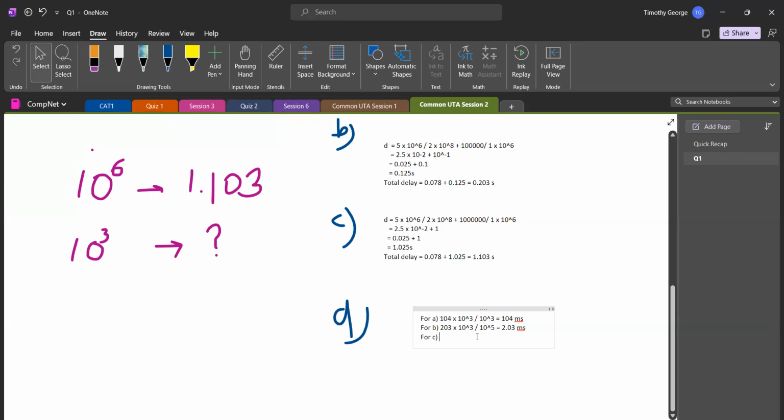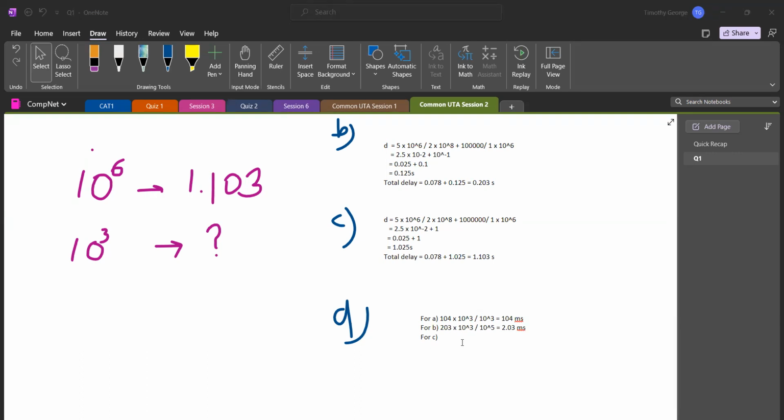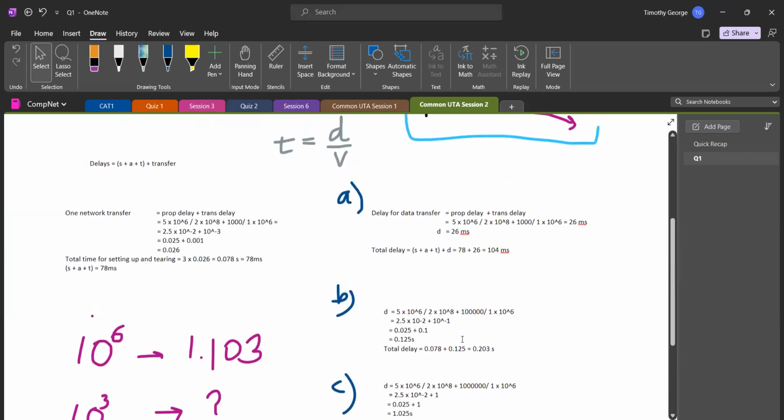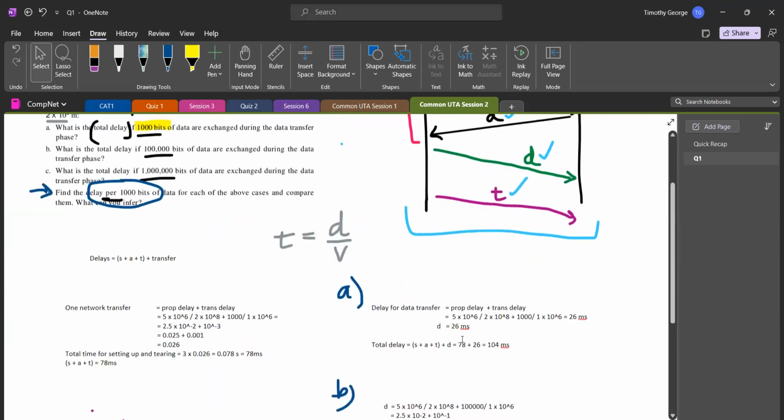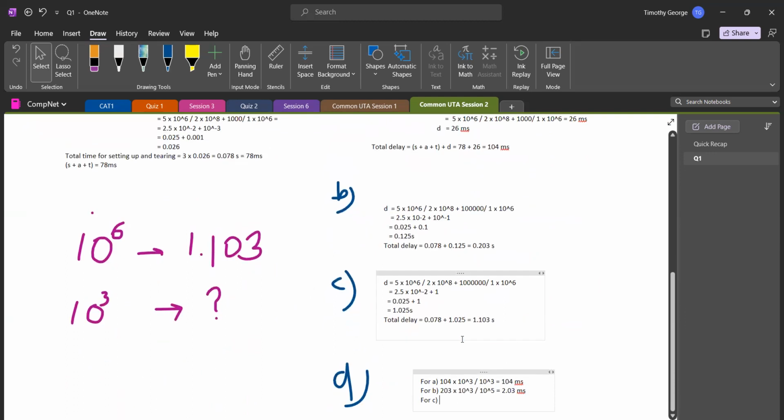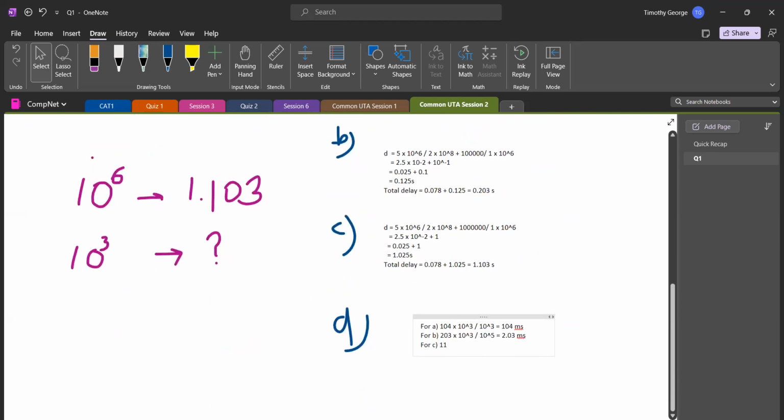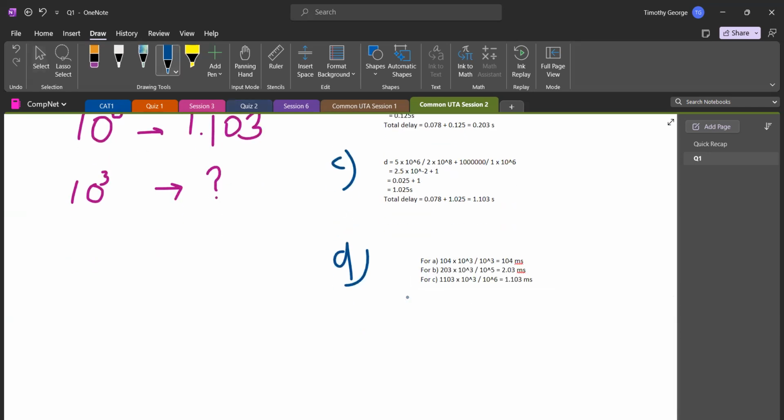And finally, for the last part, how many milliseconds did we calculate? We found 1103 milliseconds into 10 to the power 3 divided by 10 to the power 6. How much is that going to be? About 1 ms. So we have solved the fourth part also.